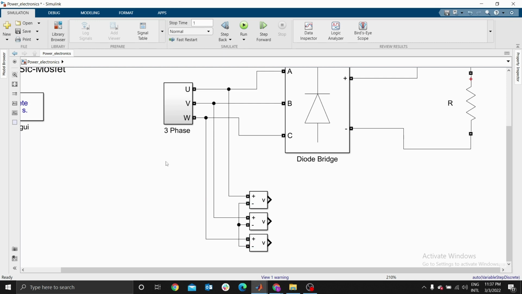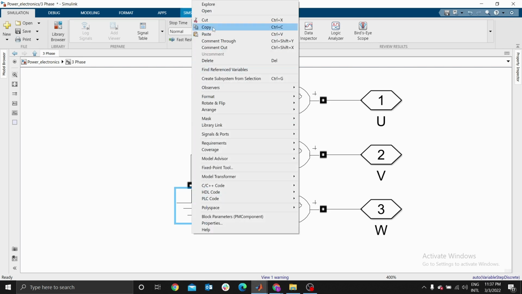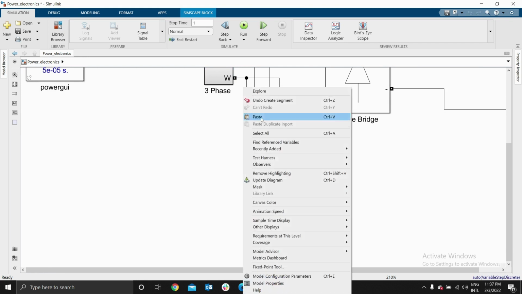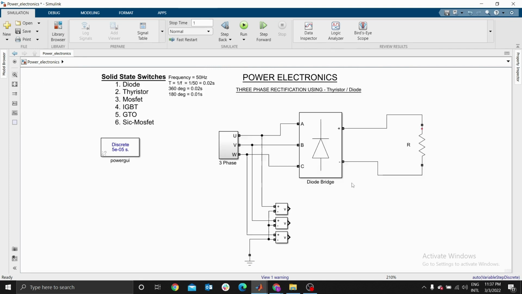Then we need a ground here. Let me just copy this, and paste. Then we need to monitor all these 3 of them.